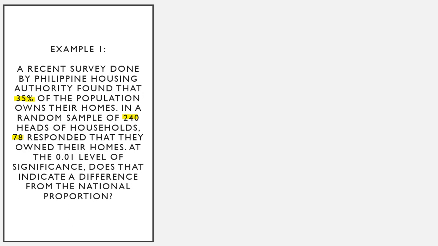So, unang-unang gagawin natin dito, mga anak, is, syempre, ilista lahat ng given. So, kung ano lang po yung makikita natin sa example or sa word problem, yun lang po yung ililista po natin. So, ito po yung given po natin. Unahin natin itong 35% po na makikita nyo sa unahang sentence ng word problem.